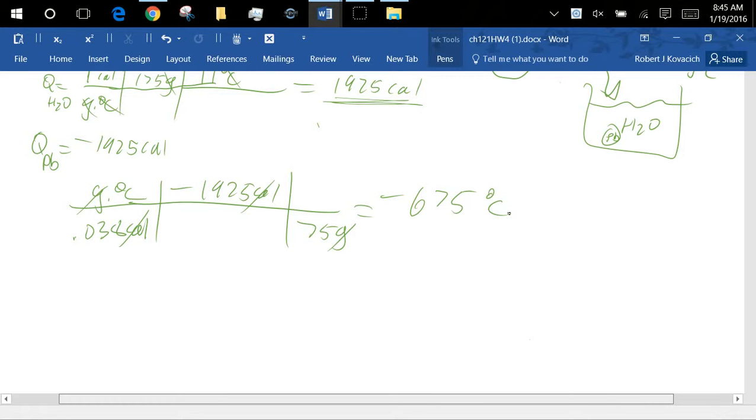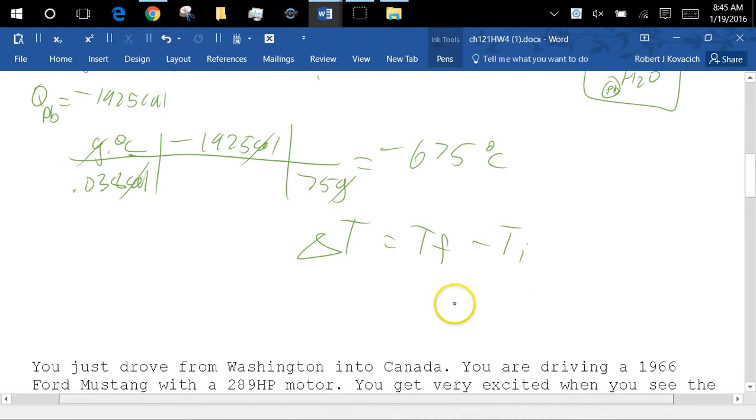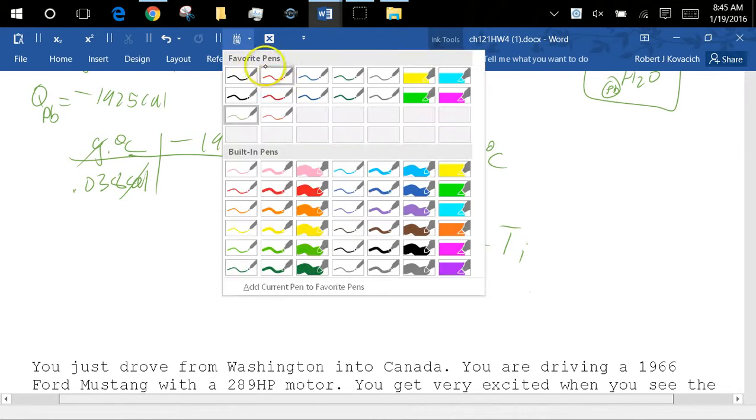So, do we know what its initial temperature was? Yeah, we can. The equation for change in temperature is temperature final minus temperature initial. What pieces of information do I know in this equation? I know the final temperature, and this is 22 degrees Celsius, because that's what the water's temperature ended up being.